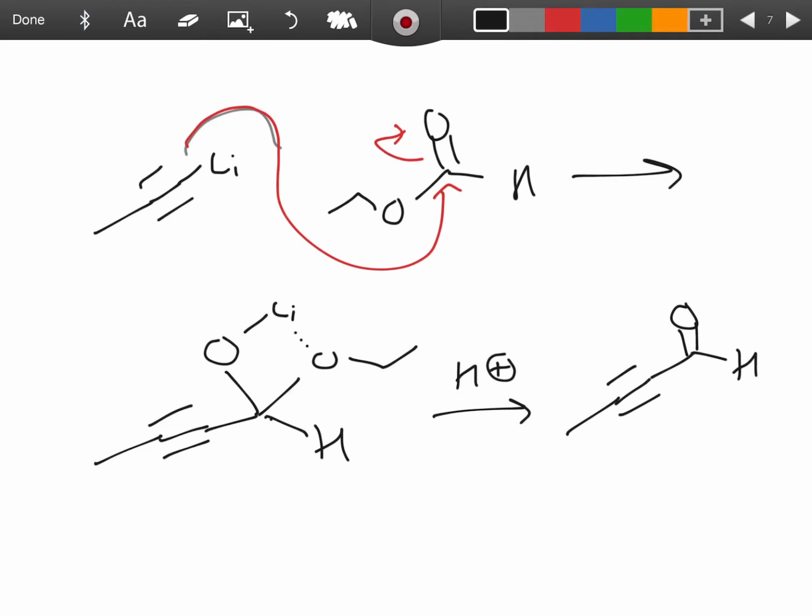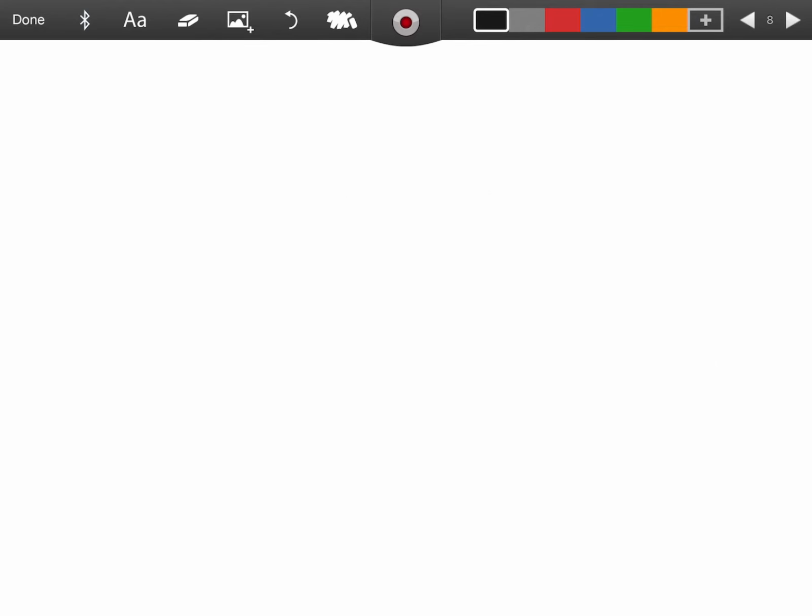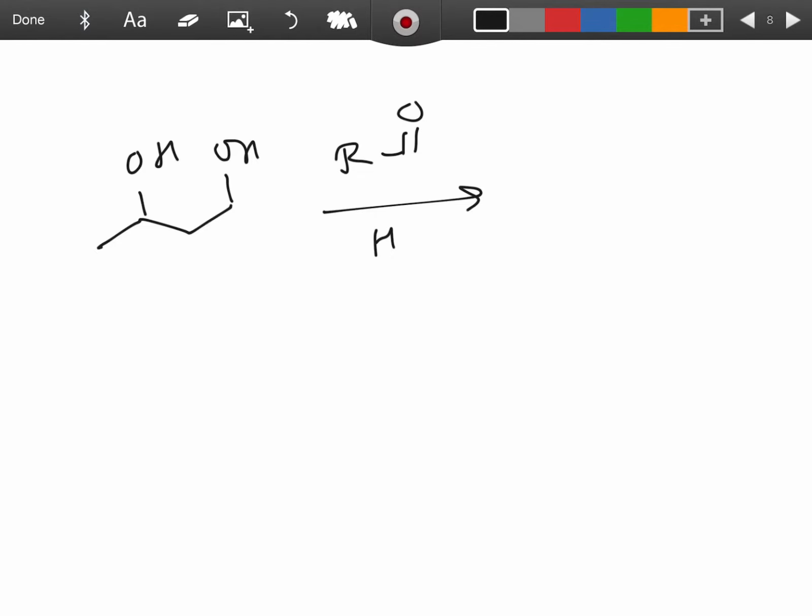And we had seen before when you made acetals, switching to the whiteboard, right? When you made acetals before, we did something where you have your diol, let's say, and it was usually that you added an aldehyde and acid, right?